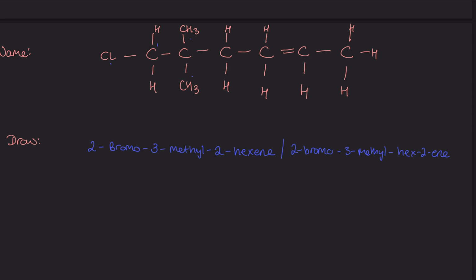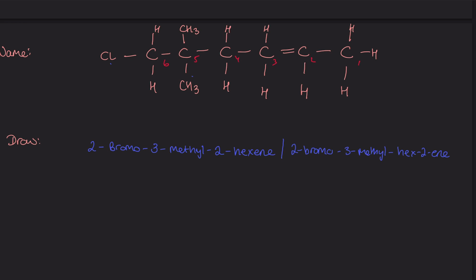So we'll number them this way first, and then the opposite way. So which way, blue or red, will the double bond receive the smallest number? So it will be in the reds. So we'll just rub out the blues there. So the reds.